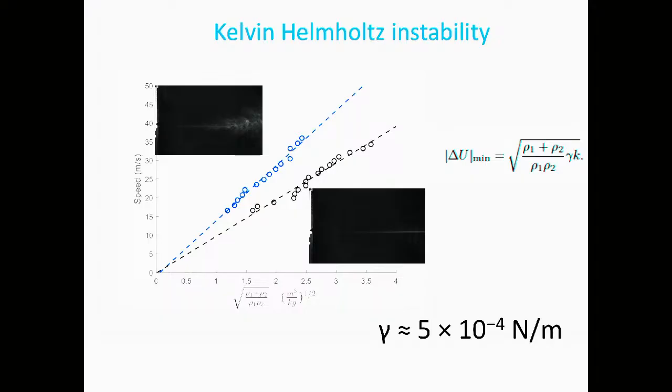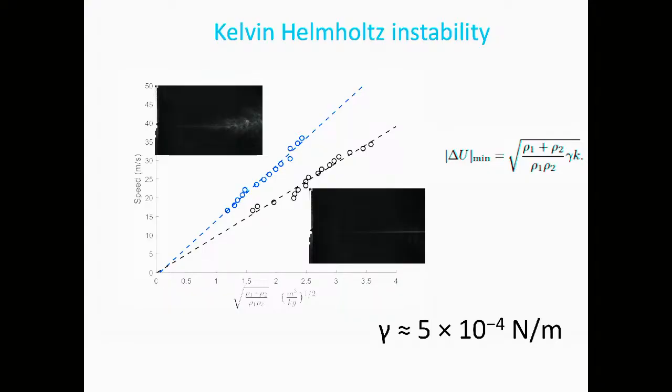And the Kelvin-Helmholtz instability says you have to have a critical velocity difference between the two media that is given by this, before you can get the Kelvin-Helmholtz instability. Yeah, and so we simply plot this as a function of this, and then we get straight lines for two different nozzles, meaning different densities.